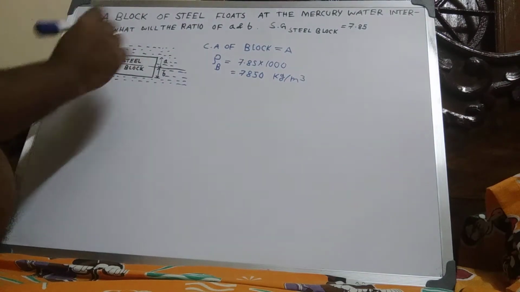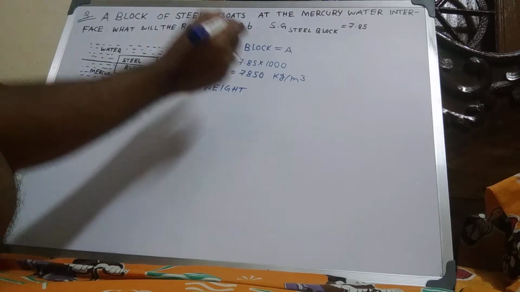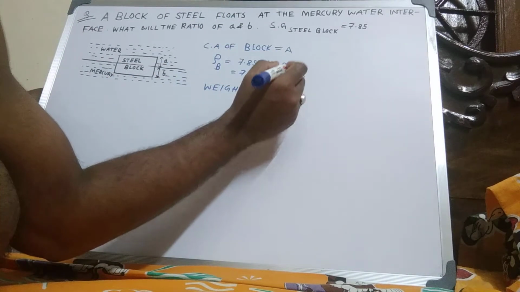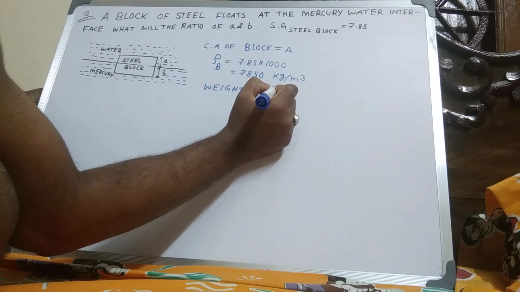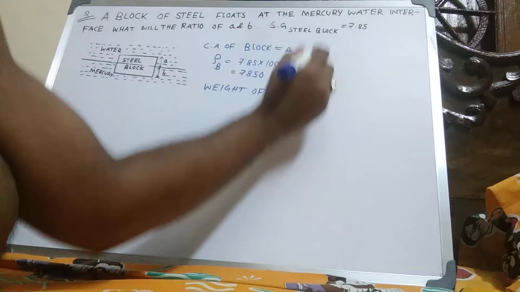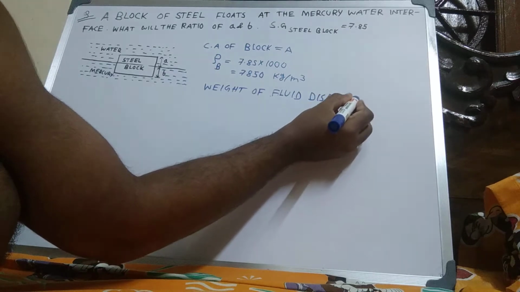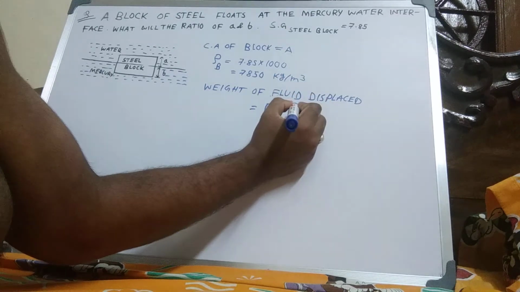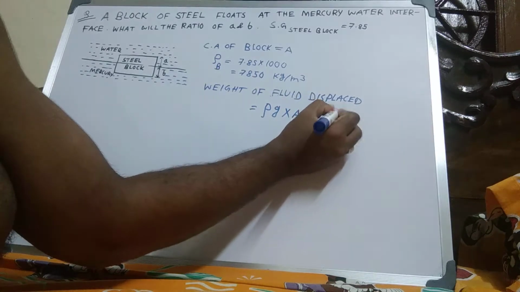Now the weight of the block, which equals the weight of the fluid displaced, the mercury and water interface fluid, is equal to weight density into volume displaced. The volume is A and the depth is A plus B. Understand?